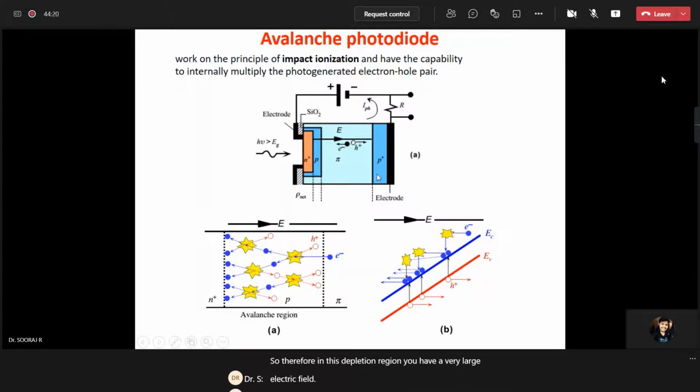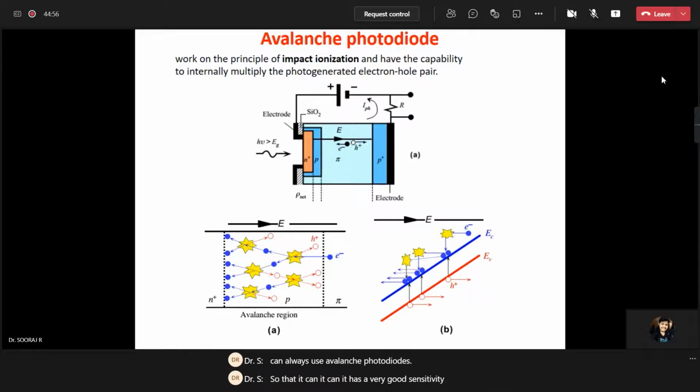Suppose you have an incoming photon. This incoming photon would be absorbed by the material. This would create an electron and a hole. Now, this electron and hole are under the influence of a very large electric field, and therefore these electrons would accelerate. So you start with one electron. Let's assume that you have a very weak signal. If you know that the incoming signal is going to be extremely weak, then you can always use avalanche photodiodes, so that it has very good sensitivity.